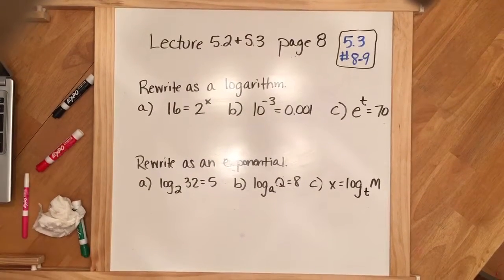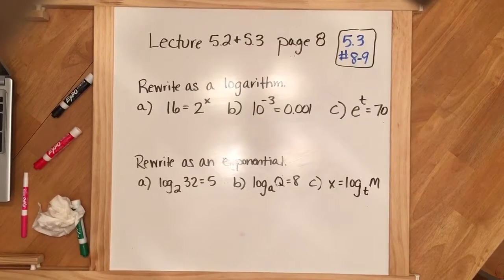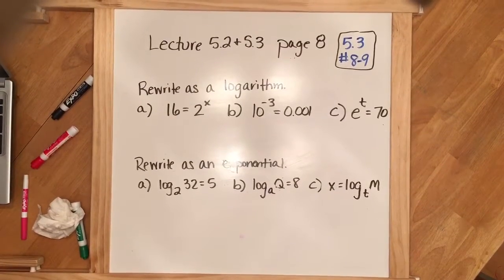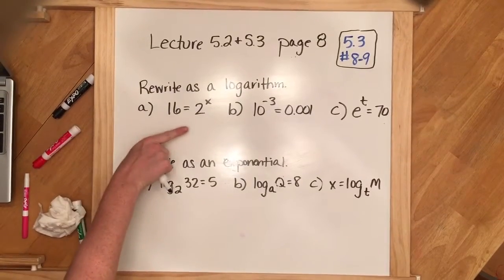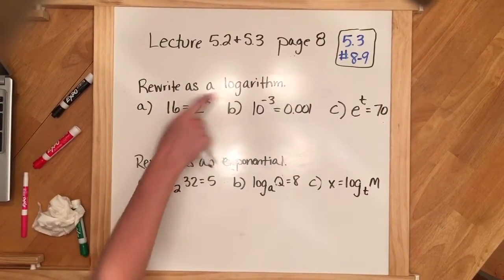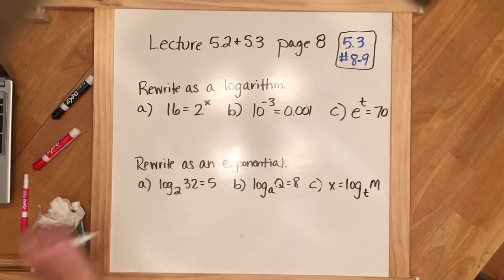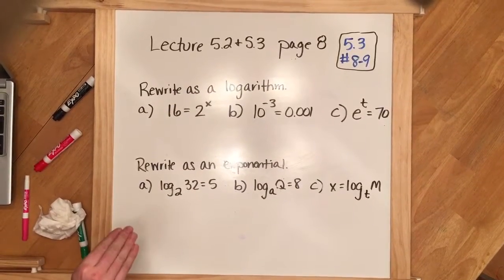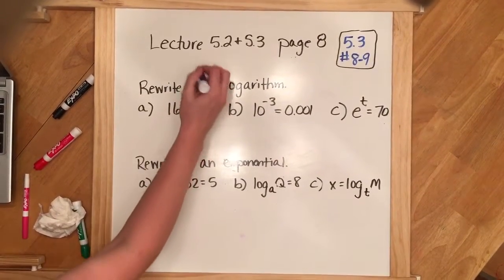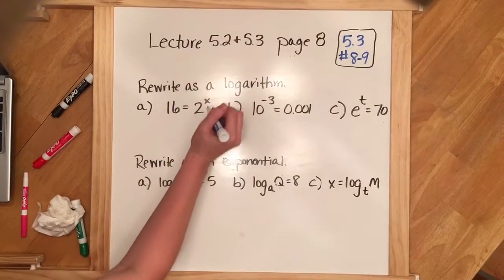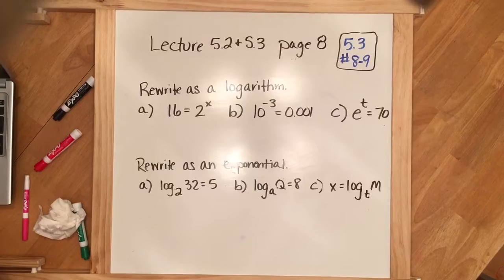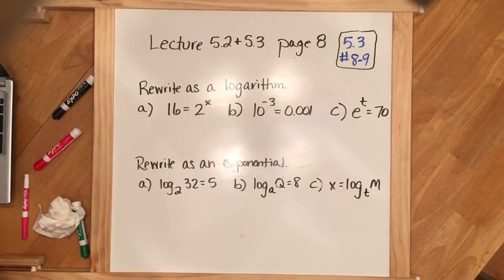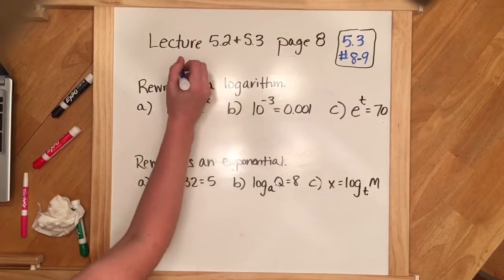Okay, so what we're going to do with these problems is use the definition of a logarithm to go from exponential form to logarithmic form and from logarithmic form to exponential form. Continuing what we did in class, we need to be able to go both ways when using this form.